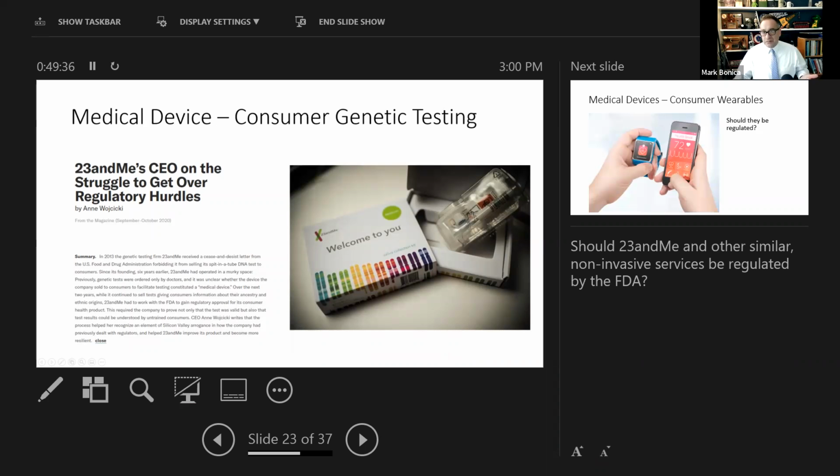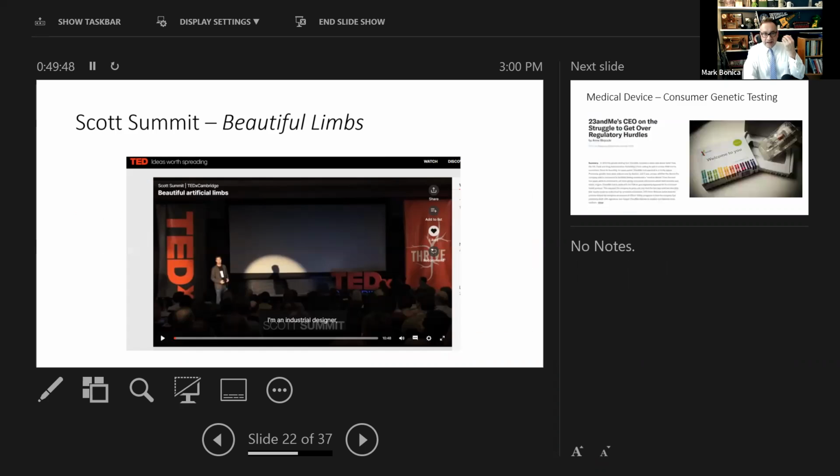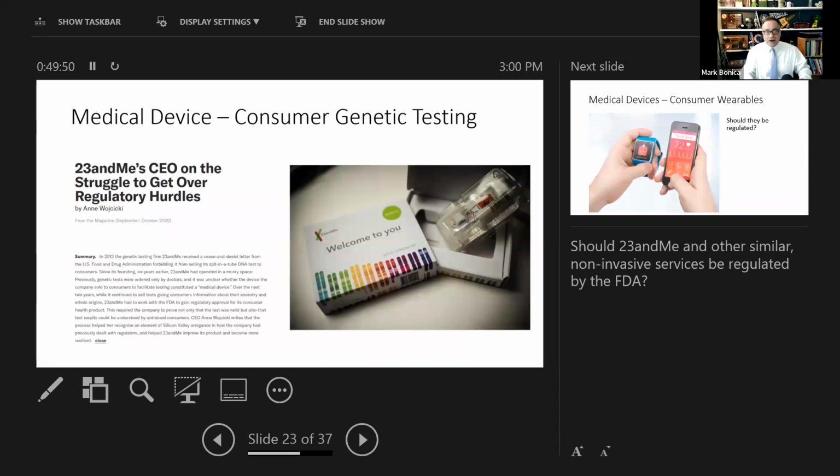Another device. So we had tools that physicians and nurses use, we had implantable devices and prosthetics, right? And now another kind of device is consumer genetic testing. So 23andMe, probably many of you have done this, or ancestry.com or something like that.